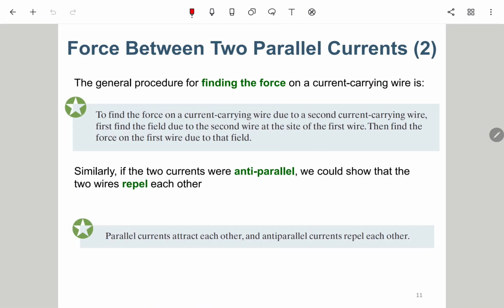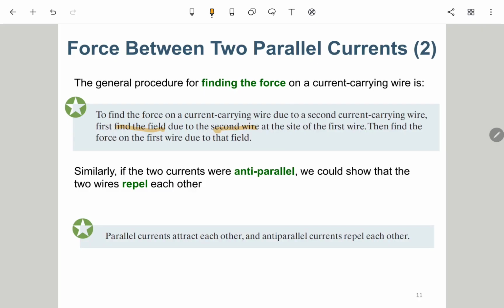Here it says the general procedure for finding the force on the current wire is to find the field due to the second wire, using the cross product, and then using the second form of the Lorentz force.